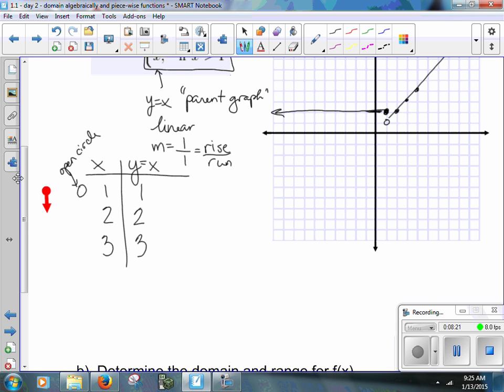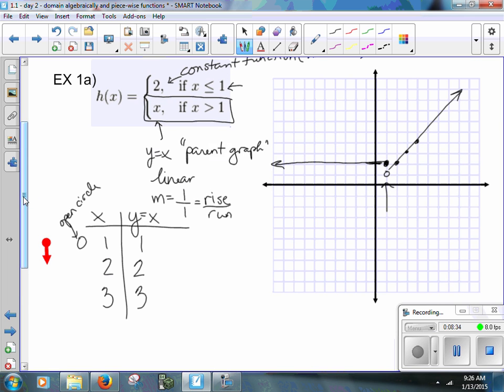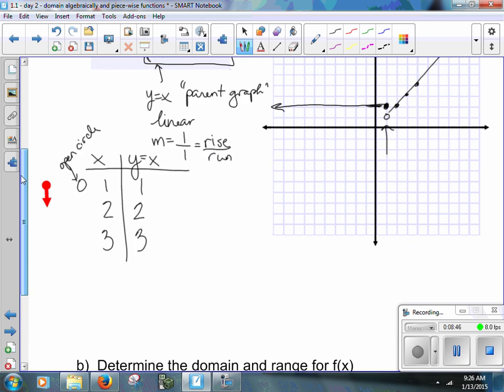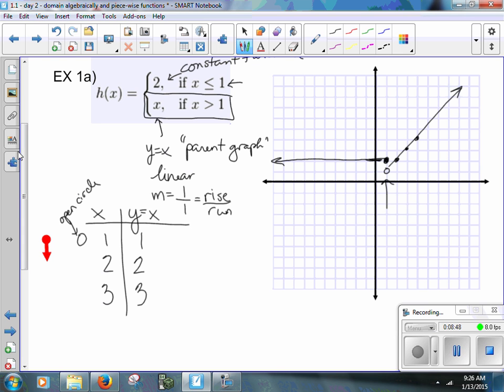It's included right above it. So every x value over here on the left, all the way over, because we always go left to right, don't flinch just because you see an open circle. It's included right above it. Keep on going, and if you look at your picture, the arrow is going to go all the way over to the right forever and ever. So what is your domain? All reals.